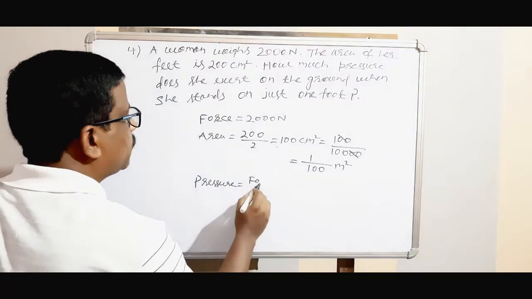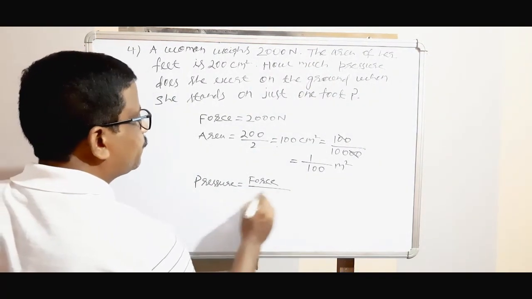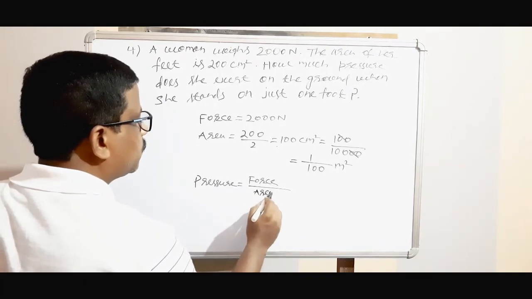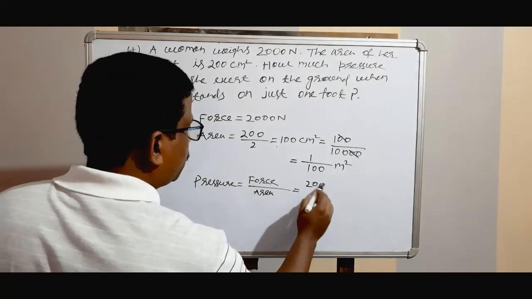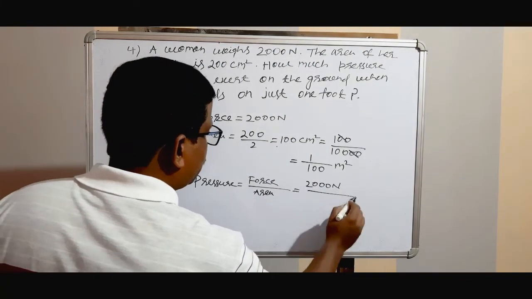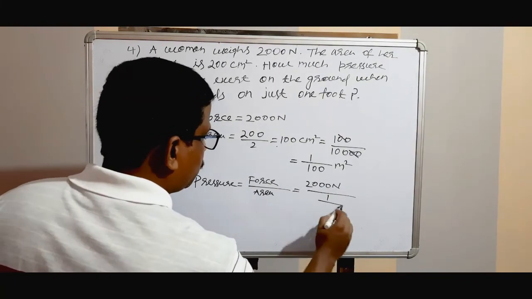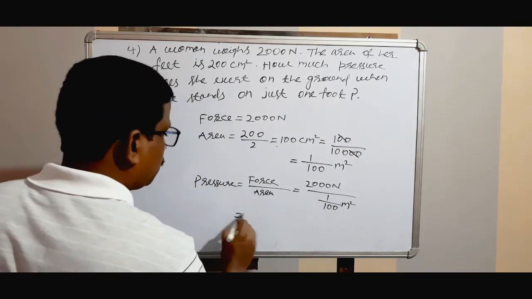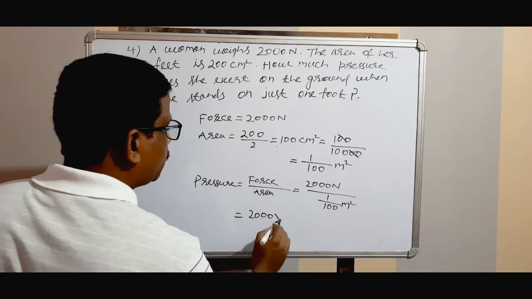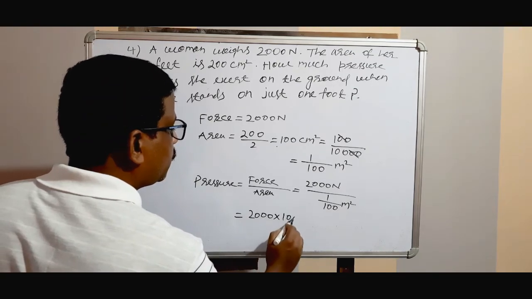force by area. So force here is 2000 Newton by area 1 by 100 meter square. So 2000 will be multiplied by the reciprocal, into 100.